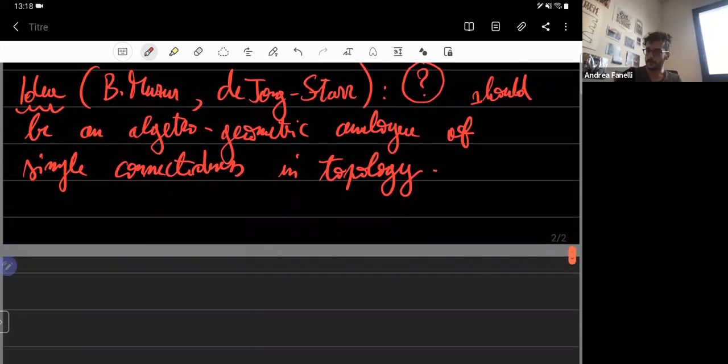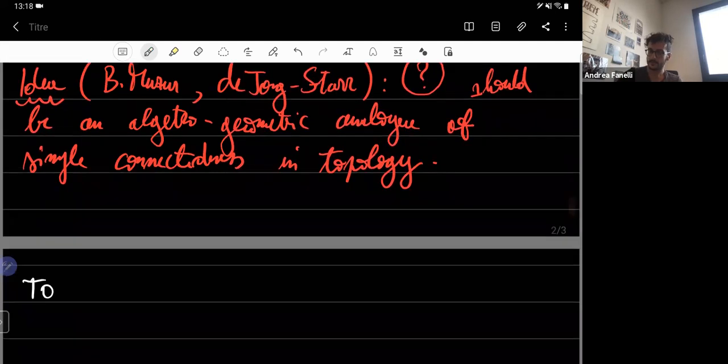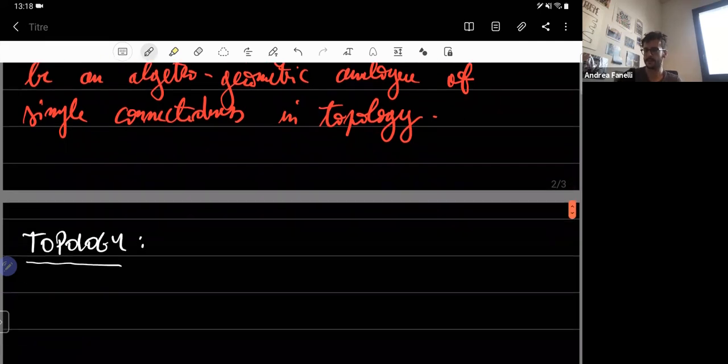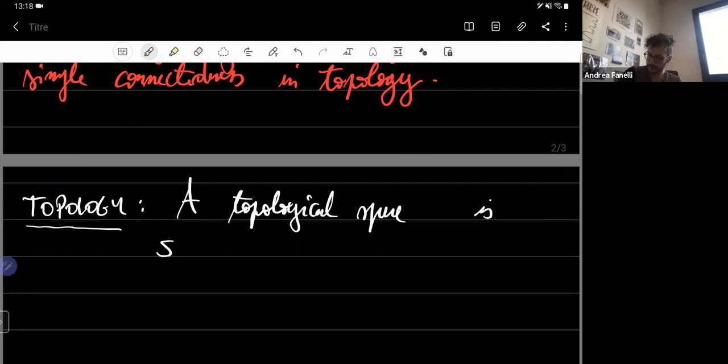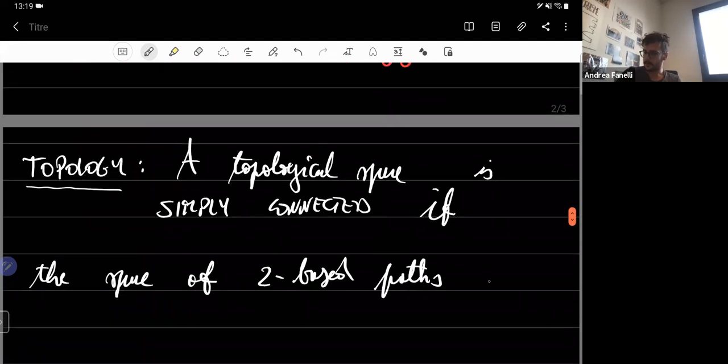Okay, so let's take the definition in topology. Let me call it the definition of simply connectedness. A topological space is simply connected if the space of two based paths is path connected.